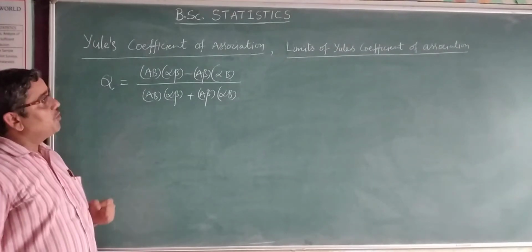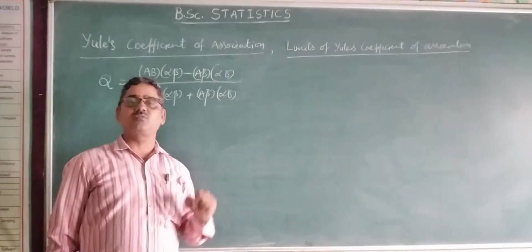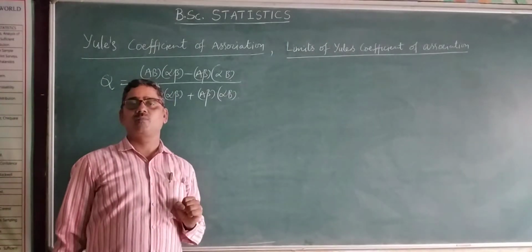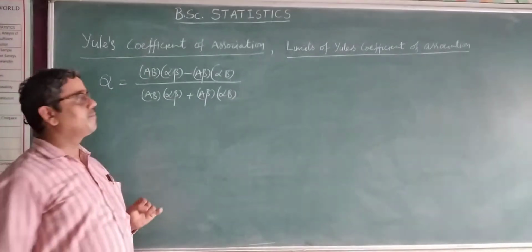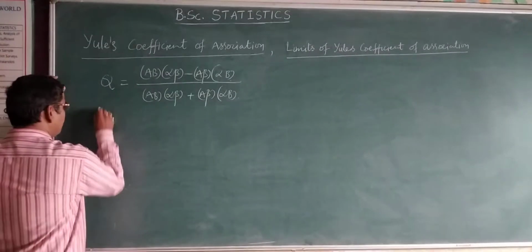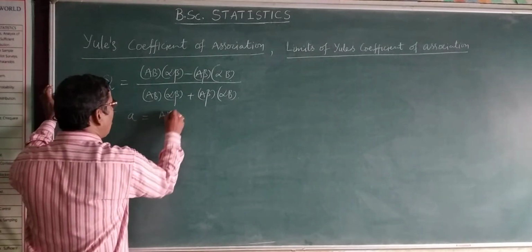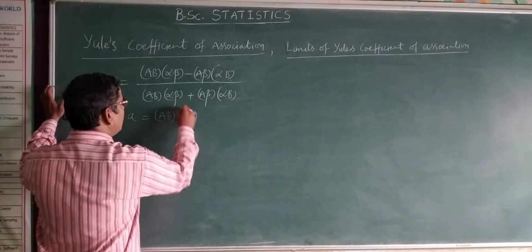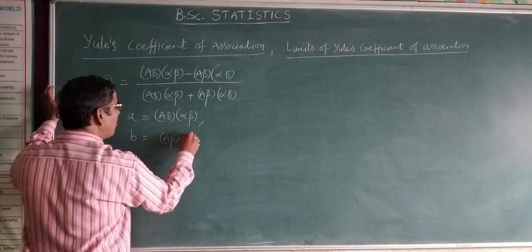So for which you have to find the limits. The next part is finding the limits. How to obtain the limits? It's very simple. Consider a equals AB times αβ, and b equals Aβ multiplied by αB.